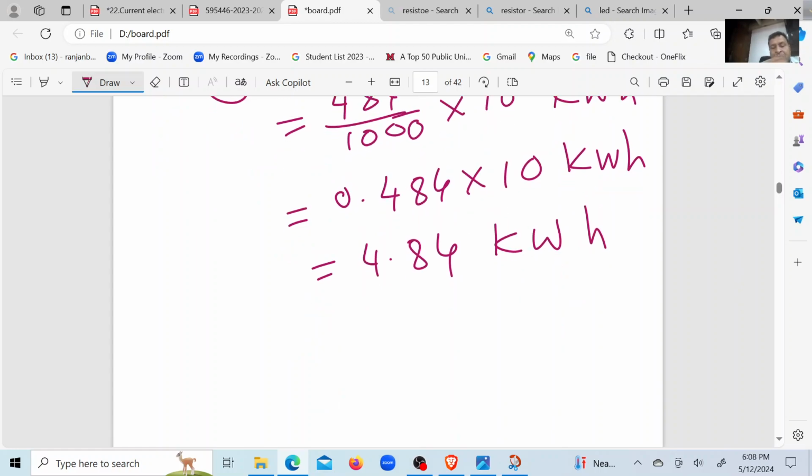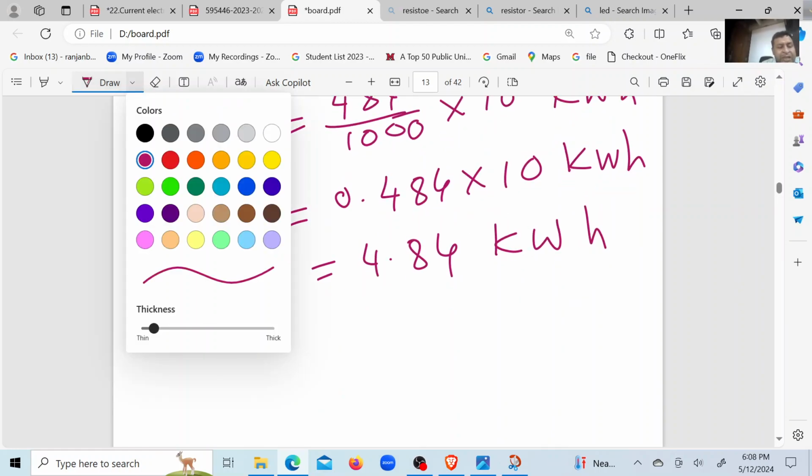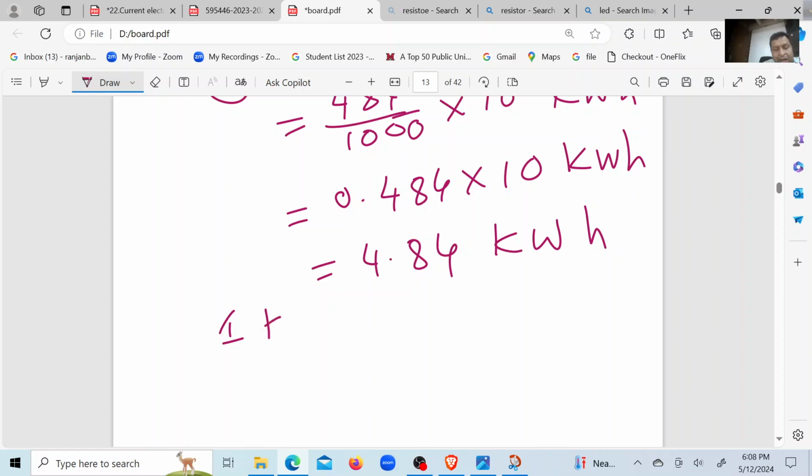Got it? Now, if 1 kilowatt hour of energy costs 5 cent, then what is the total cost?